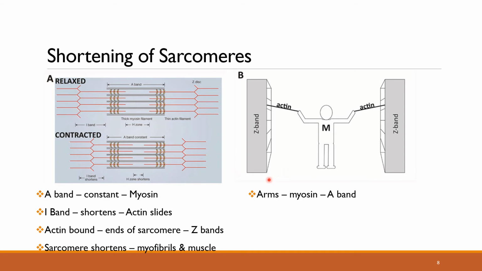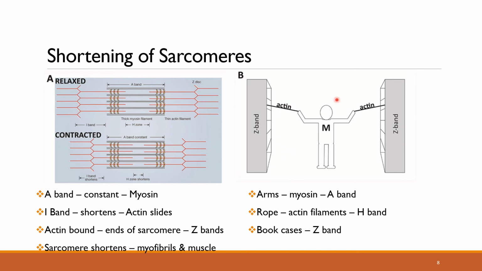Let us consider the arms of the person as the myosin present in the A band. The rope is the actin filament, this region, which is the I band. And the bookcases are the Z bands.